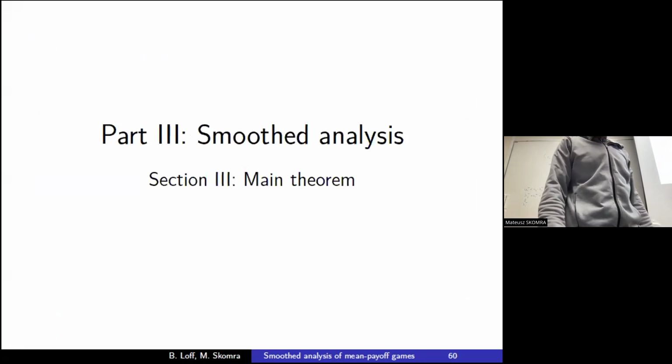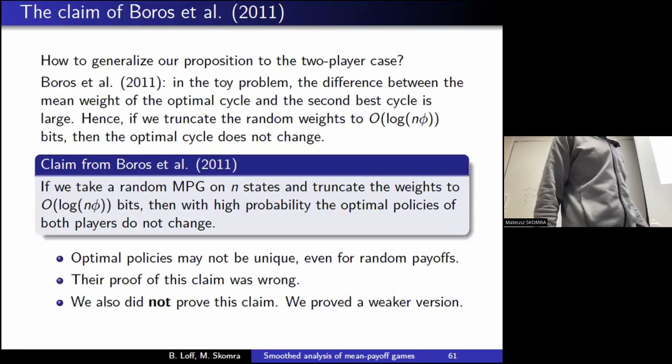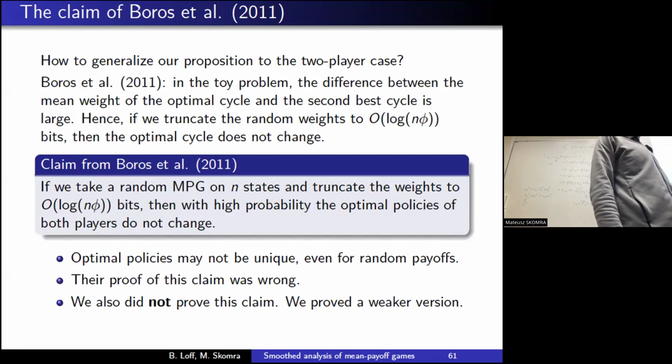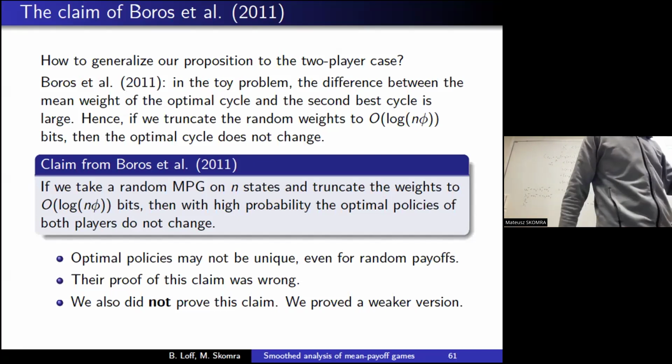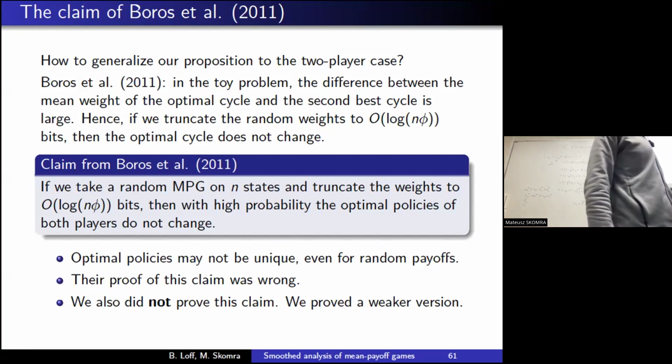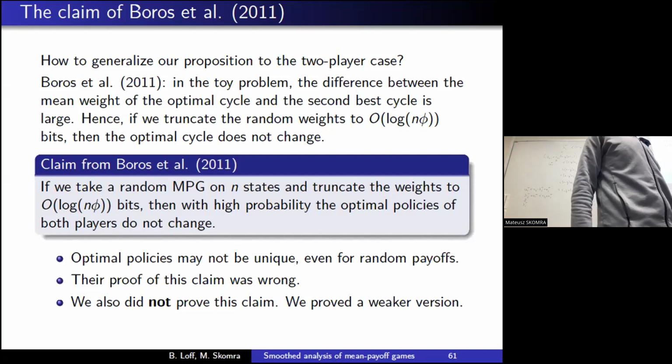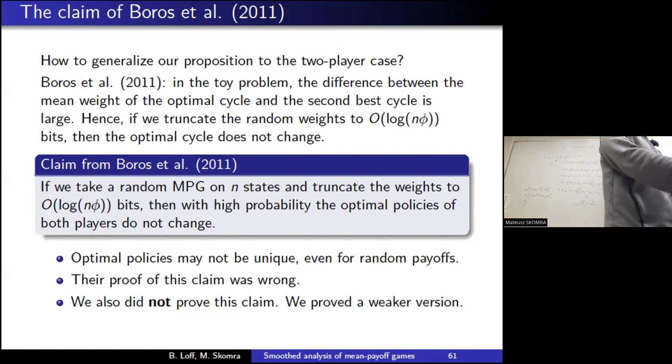In this paper by Barros et al. from 2011, they have a more complicated proof, but basically they reach the same conclusion. It's not written very precisely because it's just a conference paper, but if you develop what they say, they had a similar argument that works for the one-player case.